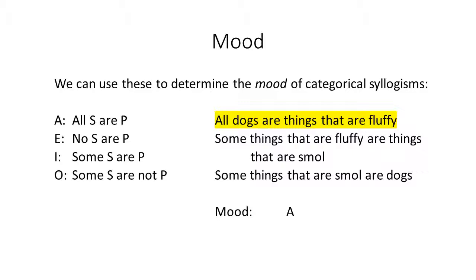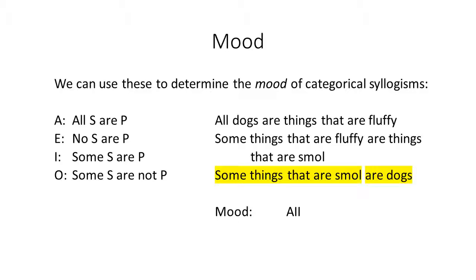For our first premise, sentence type A: all dogs are things that are fluffy. That's of type A, all S are P. Second one, type I: some things that are fluffy are things that are small. Some S are P. And then our conclusion, some things that are small are dogs, also of type I. So the mood for this categorical syllogism is AII.